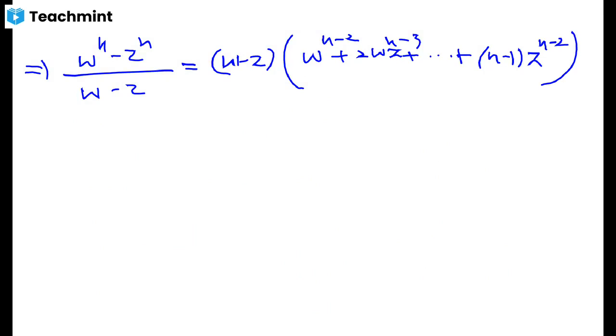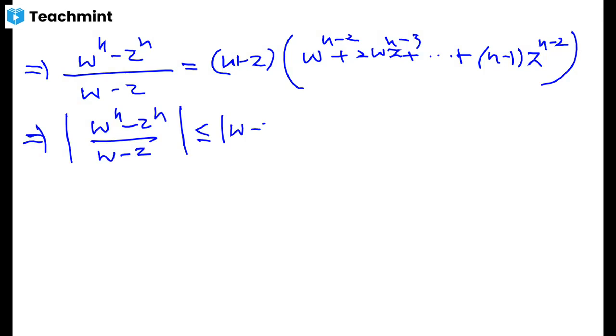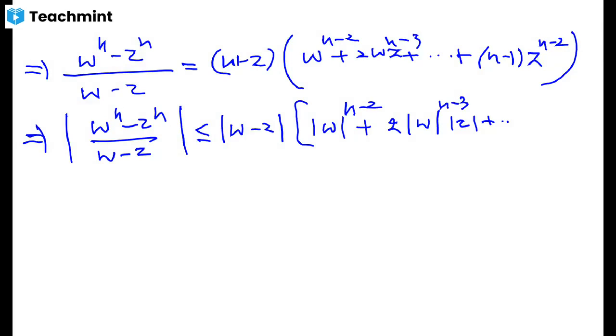So now take the modulus on both sides: w to the power n minus z to the power n over w minus z, and use the triangle inequality. You will have mod of w to the power n minus 2 plus 2 times mod of w to the power n minus 3 mod of z, plus so on, plus n minus 1 mod of z to the power n minus 2.